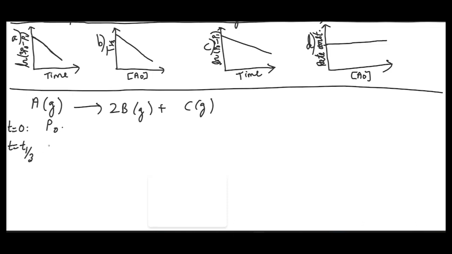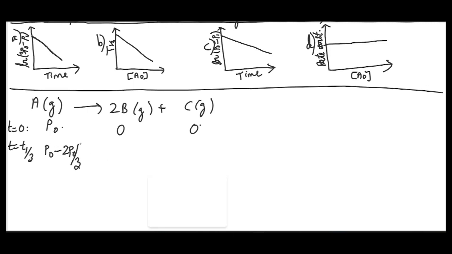So in order to become P0 by 3, where B and C were 0 initially, 2 P0 by 3 must have got subtracted from P0.